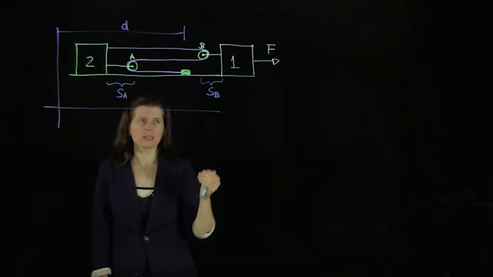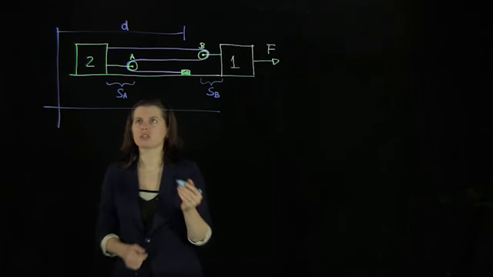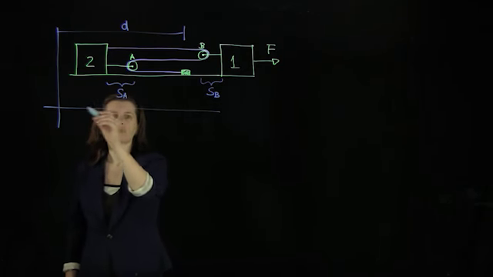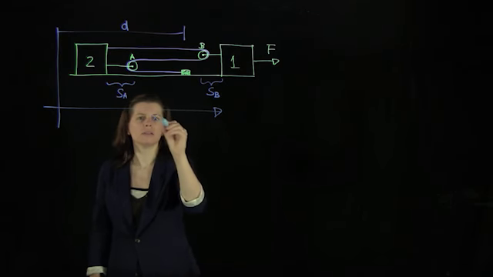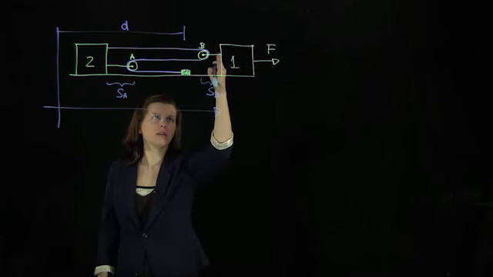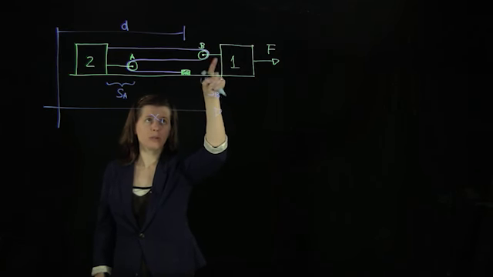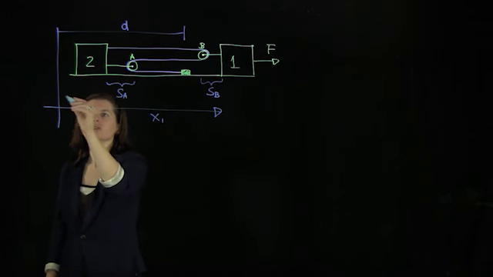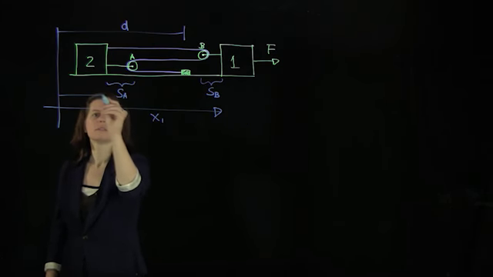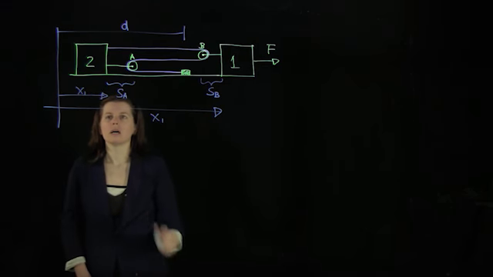The moving parts are block 1 and block 2, so we have to assign position functions. And actually, this one here is x1. It goes up to here because we want to measure the string length ultimately, and we know this portion here, so we can subtract it. And then, of course, we also need x2 that goes here.